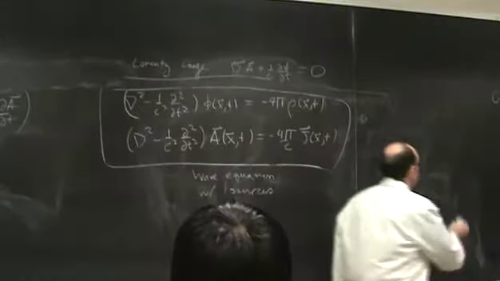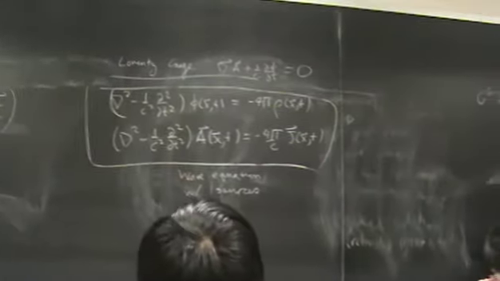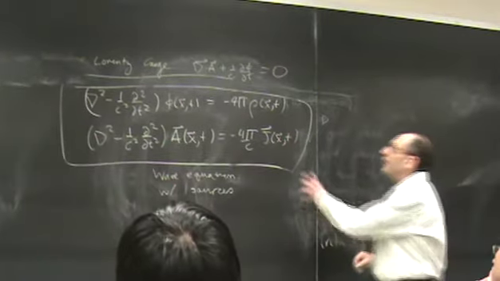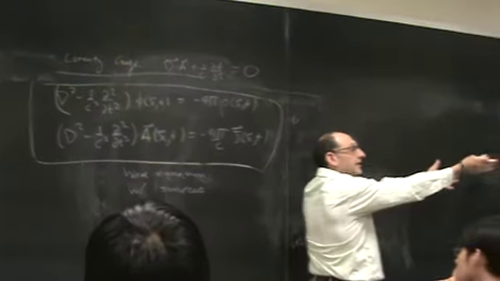It says that we use the retarded Green's function because we're looking for causal solutions. We convolve that, and there it is. Luckily, not erased yet.